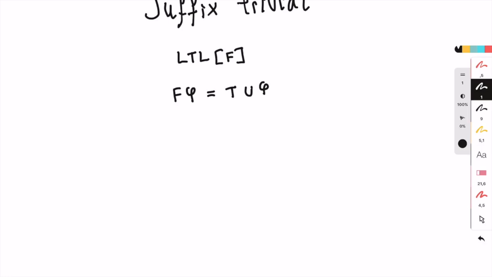We will also use other derivable formulas such as finally star, which means now or in the future. So it means phi or finally phi. And a dual one, which is globally, which means in all strictly future positions.